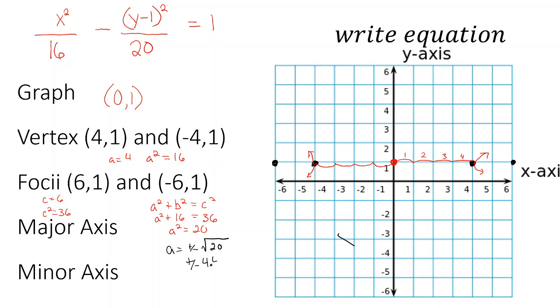I should have remembered, or maybe it was yesterday. I don't remember. Days all kind of run together for me now. All right, so b is approximately 4.5. So that means I could go up 4.5, go down 4.5. That's going to allow me to create my box.